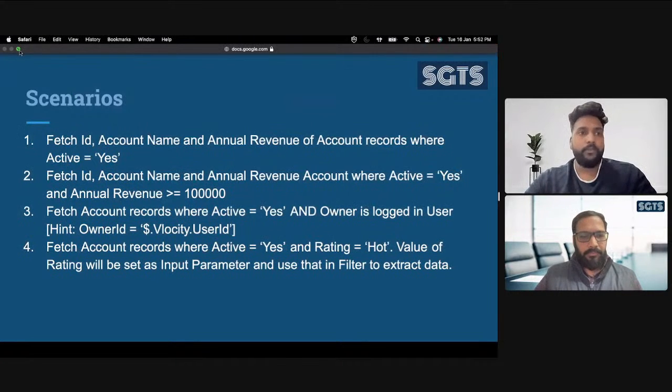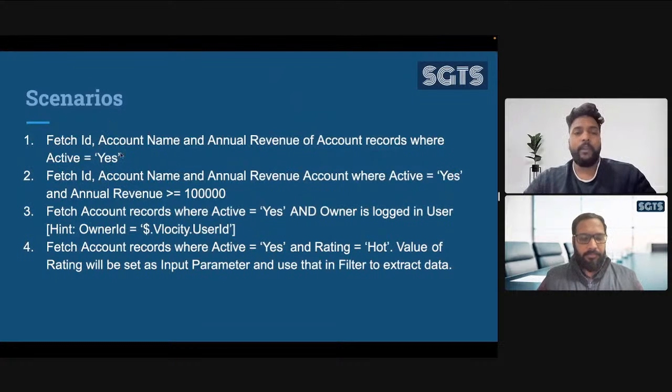So first of all, we will be implementing the first scenario where we are saying that fetch ID, account name, and annual revenue from account records where active is equals to yes. From this scenario, we can say that it's a scenario of DataRaptor, right?